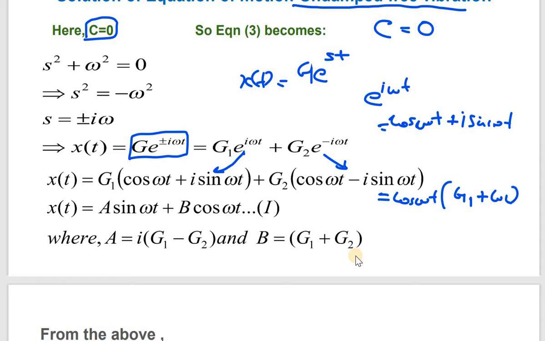Next, the i sin omega t terms: taking sin omega t as a common term, with i also a constant, it is G1 minus G2. So this term is again converted into another equation, that is, x of t is equal to A sin omega t plus B cos omega t.